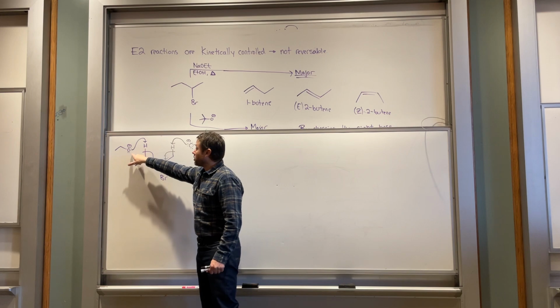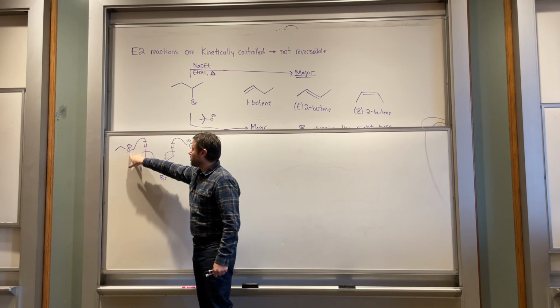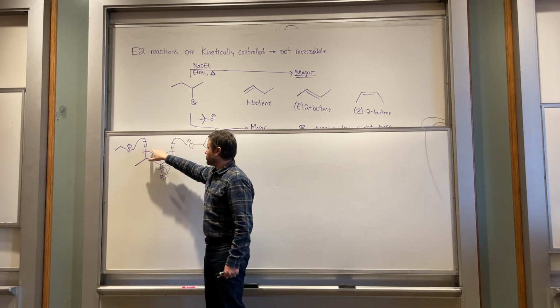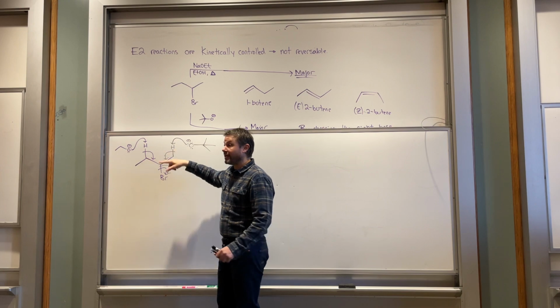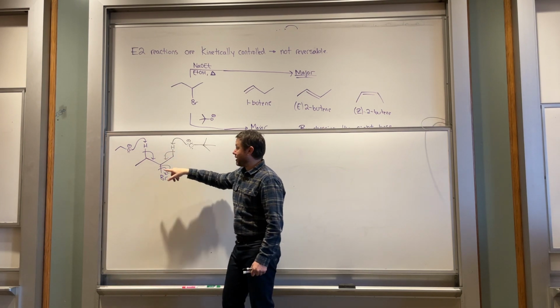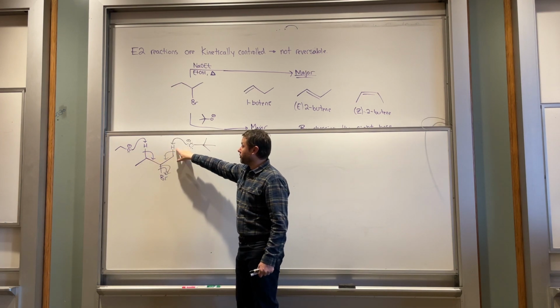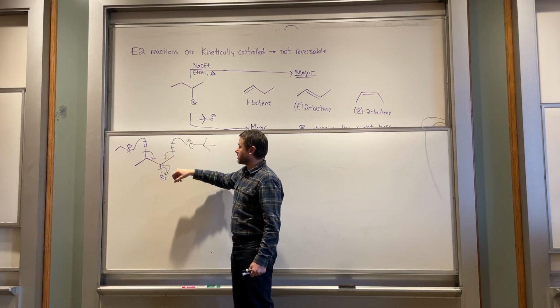When we're using a small base, there's not going to be much difference in the interaction of the small base with this proton versus that proton, right? Kinetically speaking, it's going to be about as easy for this oxygen to pull this proton as it would be to pull that proton or approach the molecule.